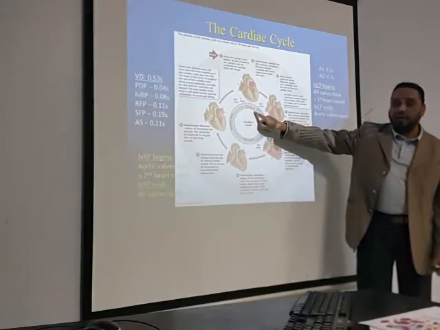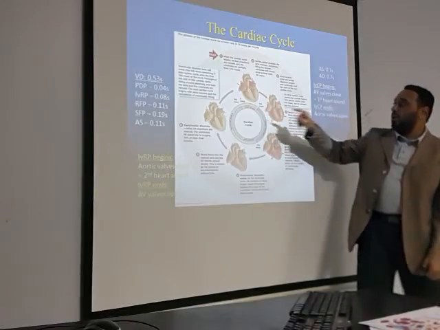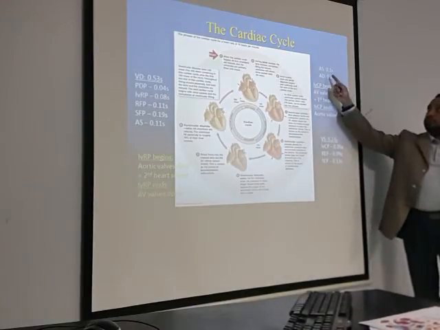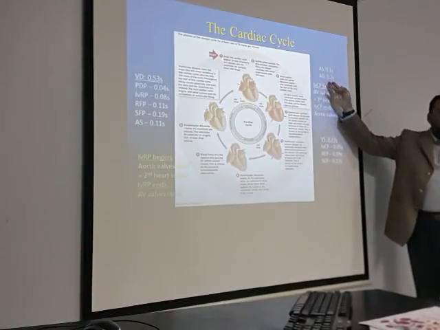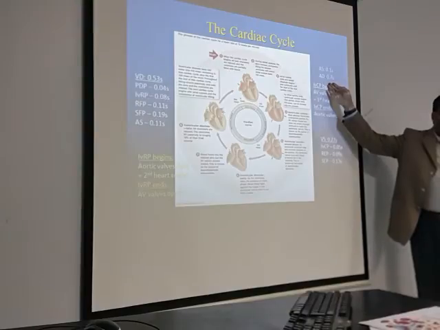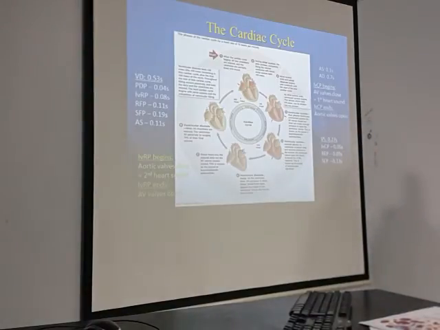Are you with me? The duration of atrial systole is 0.1 second. The duration of atrial diastole will be the remaining 0.7 seconds, because the cardiac cycle is 0.8. Now, the atrial systole and diastole, ventricular systole and diastole, even though we are studying them separately, they are occurring simultaneously.